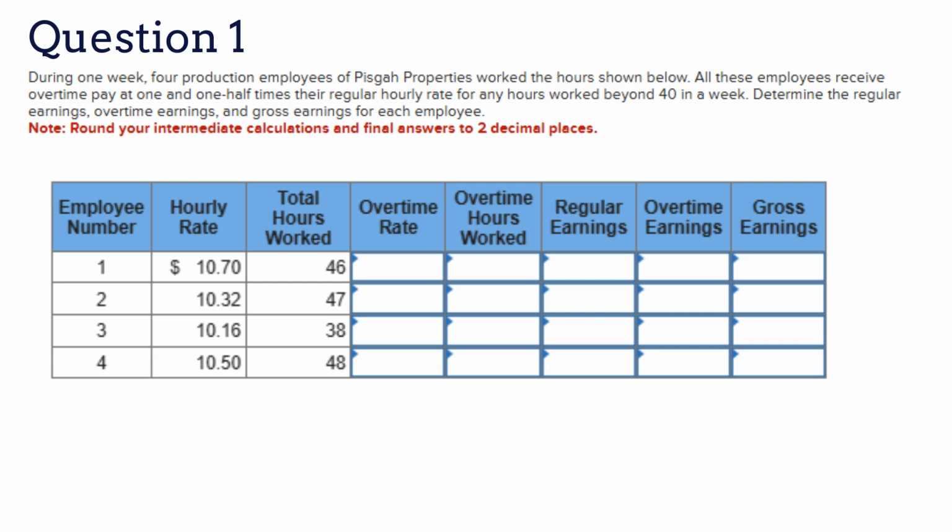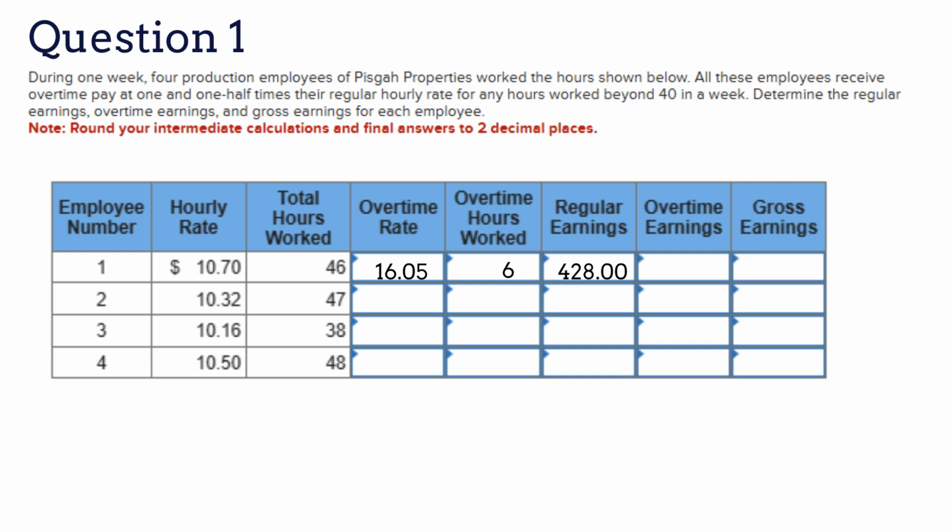The overtime rate is calculated by multiplying the hourly rate of $10.70 by 1.5, which is $16.05. We enter that amount into the overtime rate column. Next, we enter the overtime hours worked, which is 6 hours. We calculate the regular earnings by multiplying 40 regular hours by $10.70, which is $428.